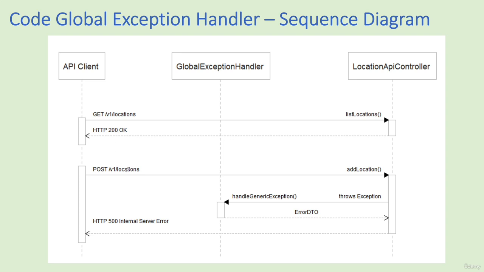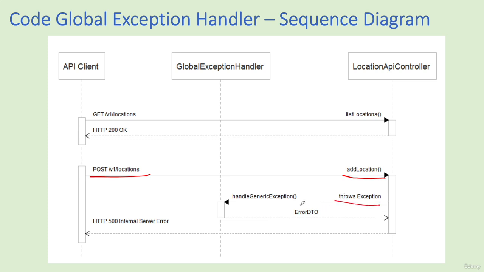And in the second example, the API client sends a POST request to the API service in order to add a new location. So the addLocation handler method in the LocationApiController class gets invoked, and in this case, the handler method throws an exception.